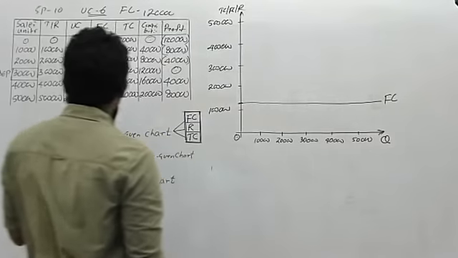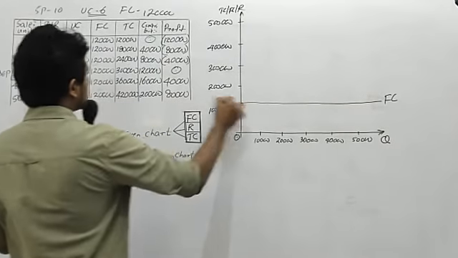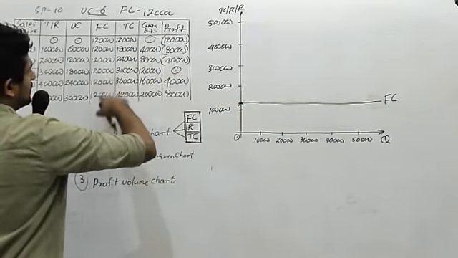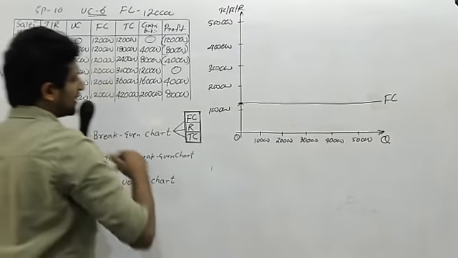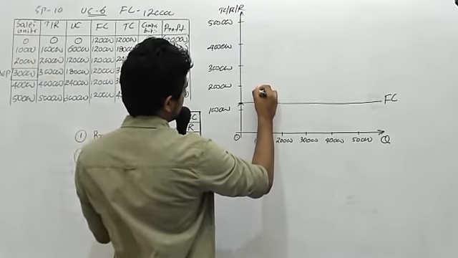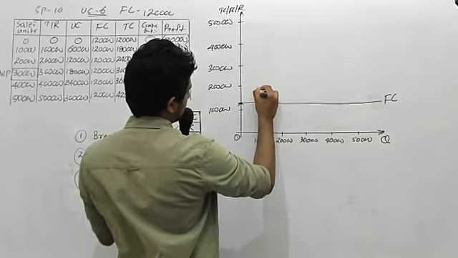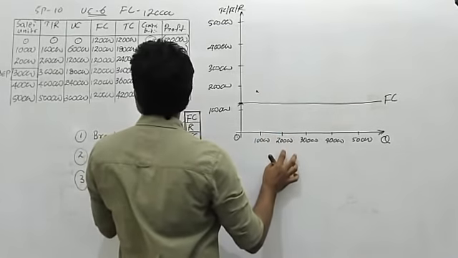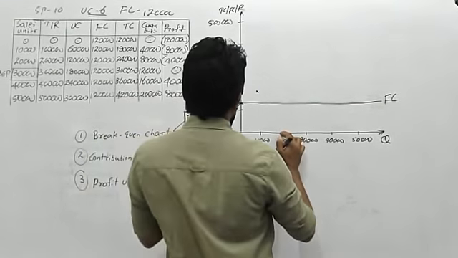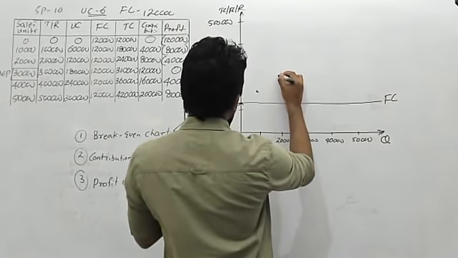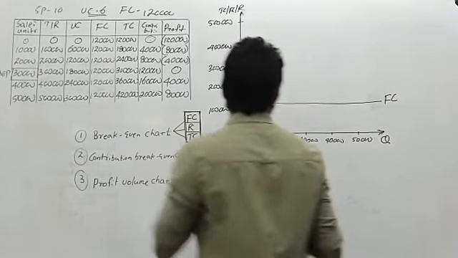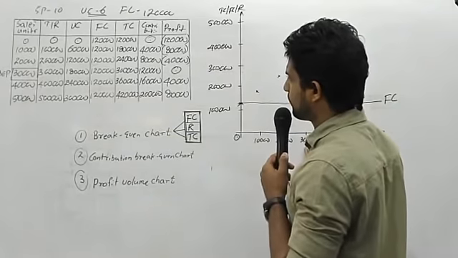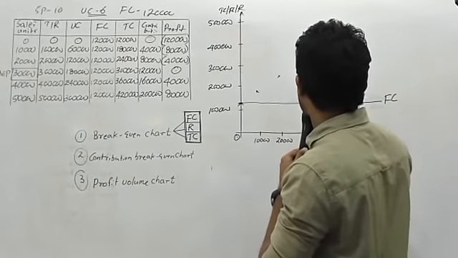When you take the total cost, starting from here, 120. At 10,000 units, it's 180,000. Somewhere here. At 20,000, it's 240,000. It's somewhere here. At 30,000, it's 300,000.